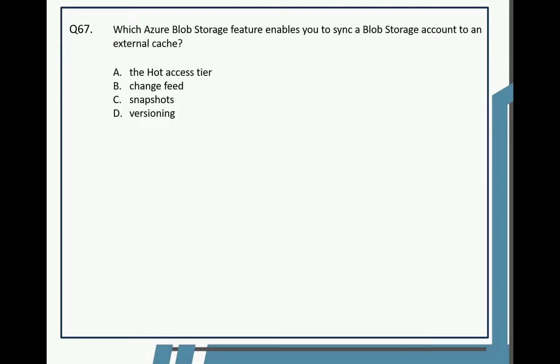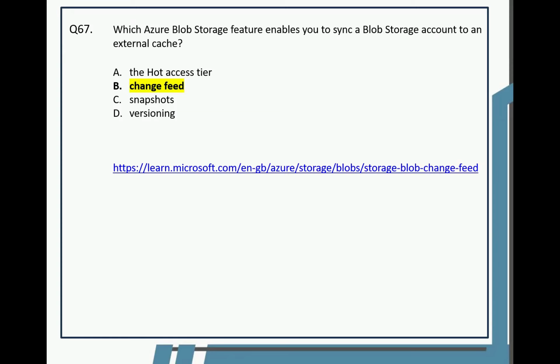Now, folks, change feed provides an ordered log of changes made to blobs and enables external systems like cache or downstream services to detect updates. Hot access tier defines storage cost and access frequency. Snapshots are point-in-time read-only copies of blobs, and versioning keeps previous versions of blobs.